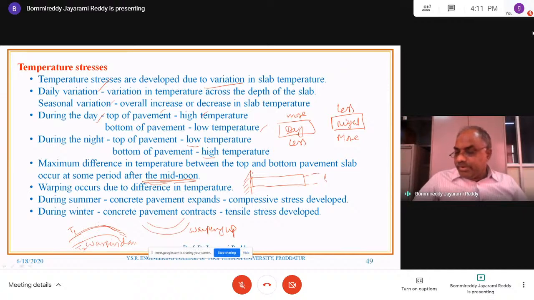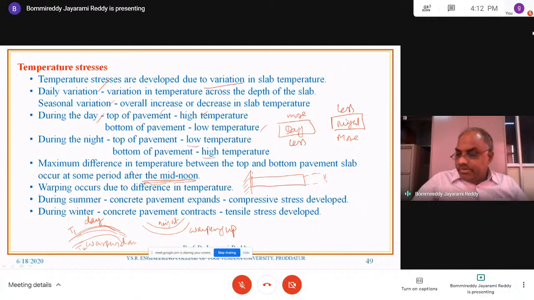Since the temperature at the top will be more during the day, it will take the shape like this. That means warping down is in the day. Warping up is in the night. So this wording is more important.